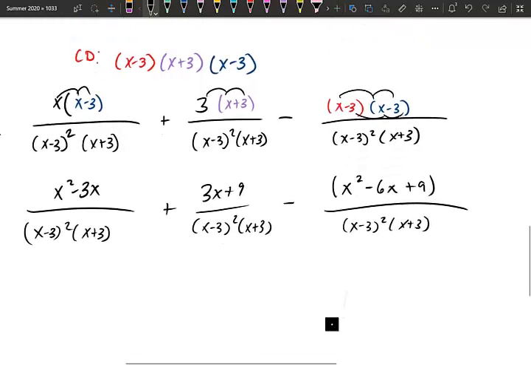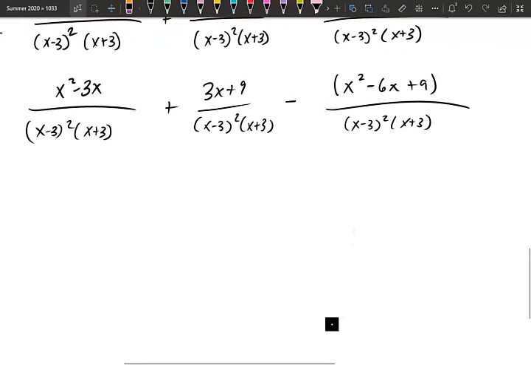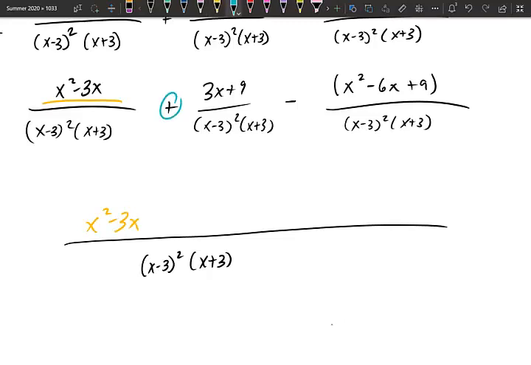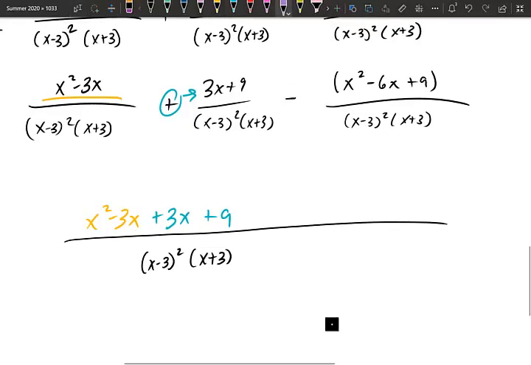Now that the bottoms are the same, we FOILed, we have everything nice and neat, we can add the tops. So everything over our denominator. So we have x squared minus 3x, positive 3x plus 9, and then we have this negative, so we actually have to distribute the negative. So negative x squared plus 6x minus 9.